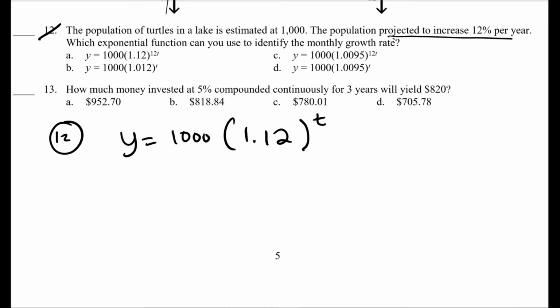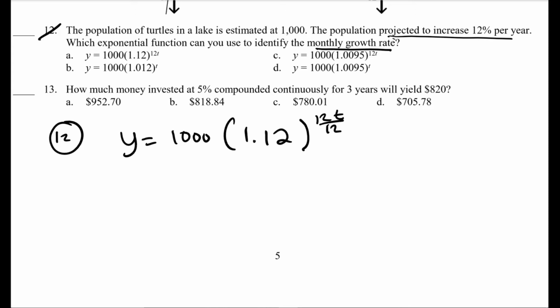Now, it says which exponential function can you use to identify the monthly growth rate? So if I wanted to convert the t into months, I need to convert this into 12 over 12, because I know that there's 12 months in a year, right? So I'm going to change that to 12 over 12. It's still in terms of years, but now it's going to be in months because there's 12 months in a year.